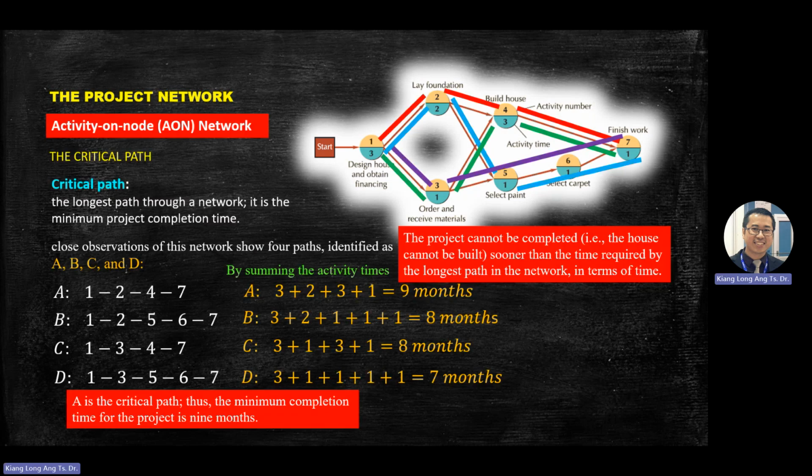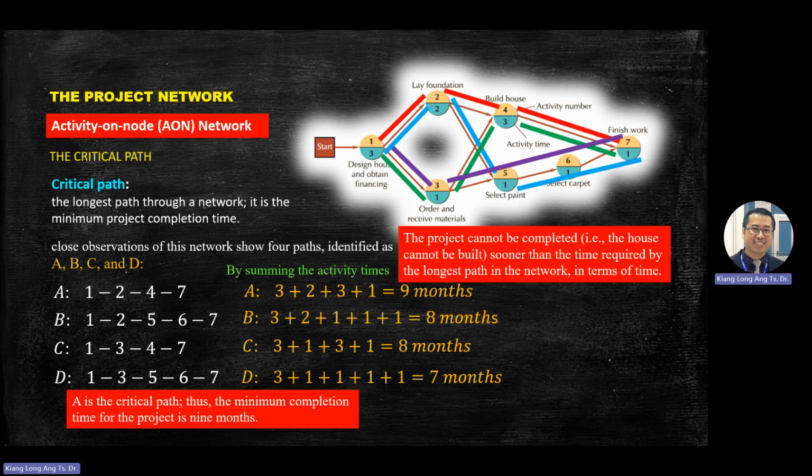This critical path is the activities that must go through 1, 2, 4, 7. This is the critical path. Don't give the wrong answer. If the question asks you what is the critical path, don't give me the answer 9 months. 9 months is the reason.